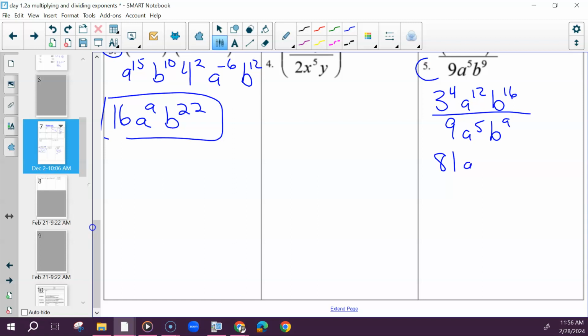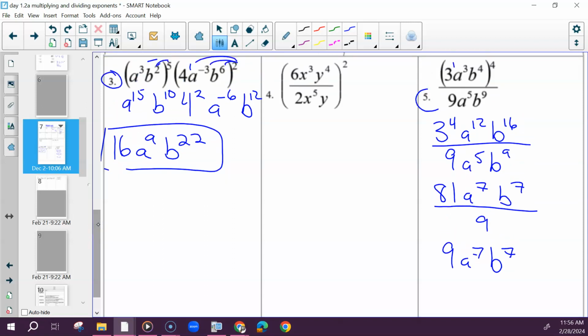So this would be a to the 7th, b to the 7th over 9. And if we divide 81 over 9, 9. So this would just be 9, a to the 7th, b to the 7th. Do you have any questions there? Any other questions in 1 through 5?